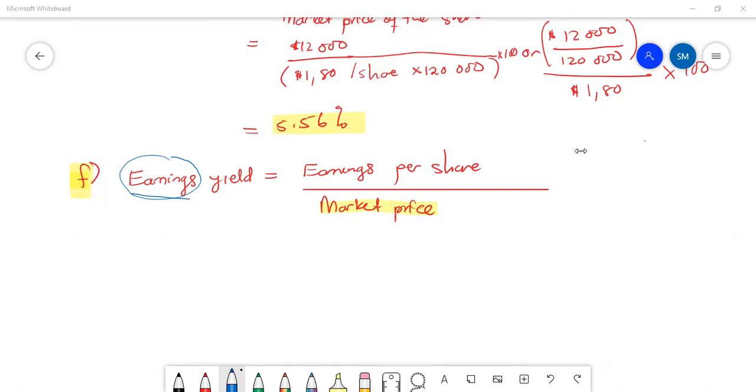Yes, sir. Okay, so here, our earnings per share, we should already know. We calculated them already. And we got how much? 23 cents, 0.23. So we're going to divide that by our market price per share. And what is our market price per share? $1.80.